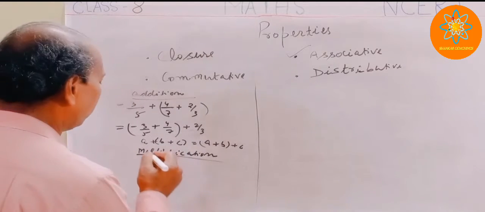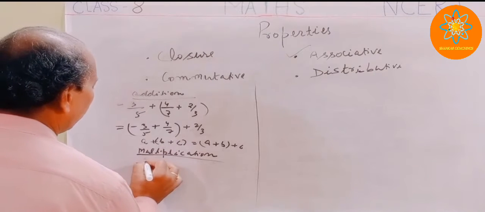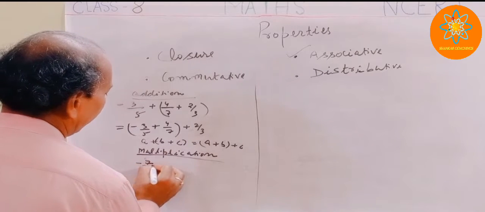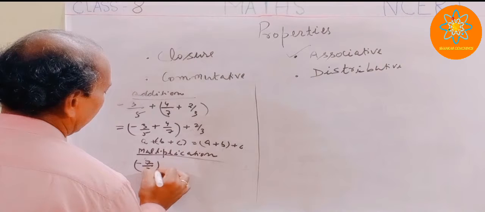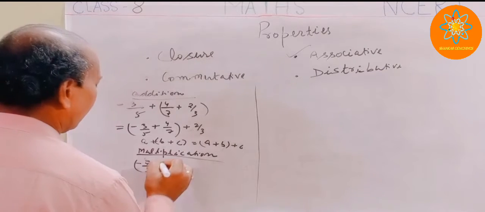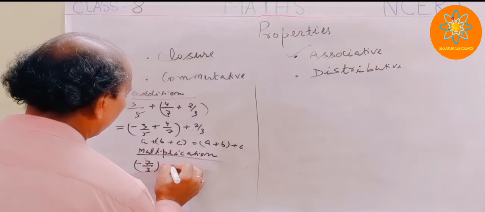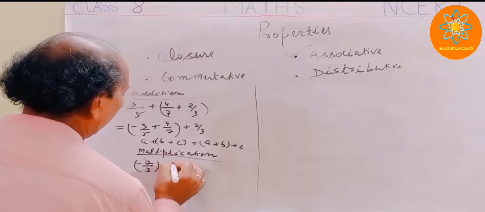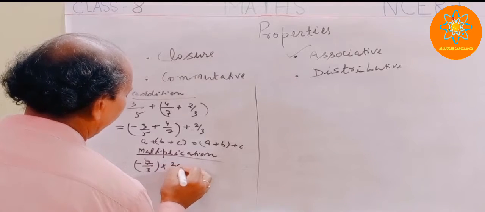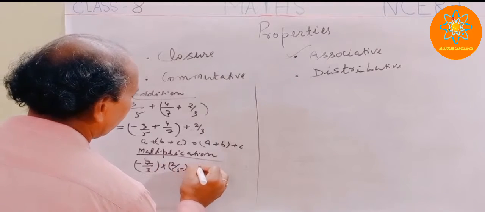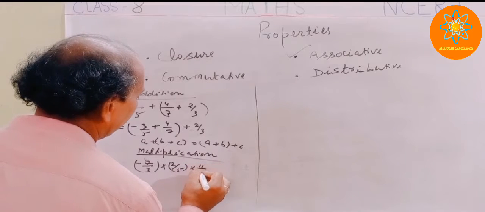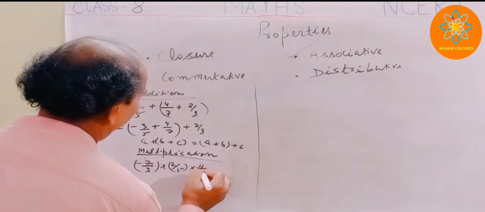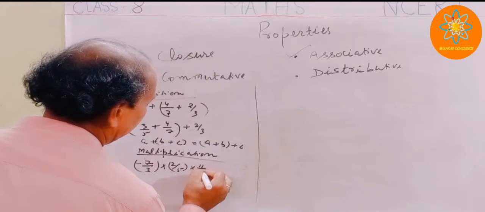So again three numbers will be there. Let's suppose minus 7/3 into 2/5 into 11/30.